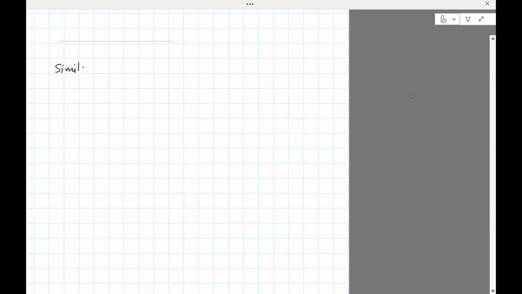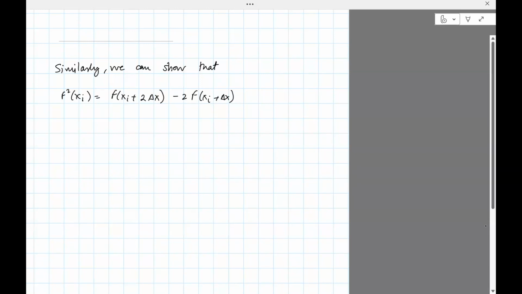So similarly, we can show that f2 xi is f of xi plus 2 delta x, minus 2 f of xi plus delta x, plus f of xi, the whole thing divided by delta x squared, plus the error here is of the order of delta x, which is inferior to what we derived because our error was of the order of delta x squared.